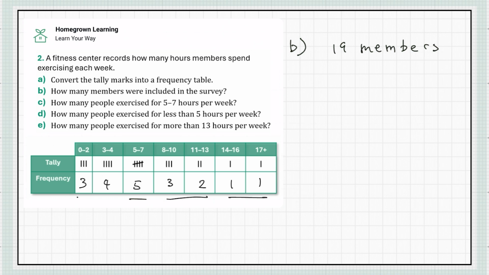Here's 2 more and a 5, and then a 4. So I had 3 groups of 5, and then I added on the 4 at the end. How many people exercised for 5 to 7 hours per week? That's this group right here, and we got 5 people. Well, 5 people did 5 to 7 hours.